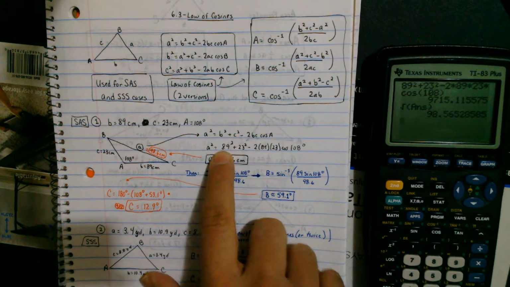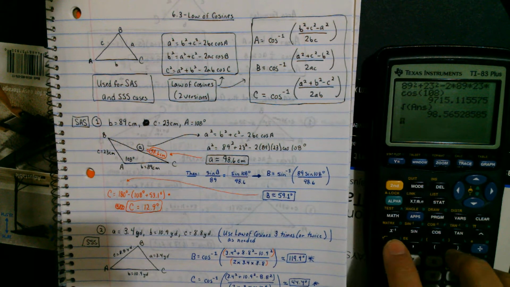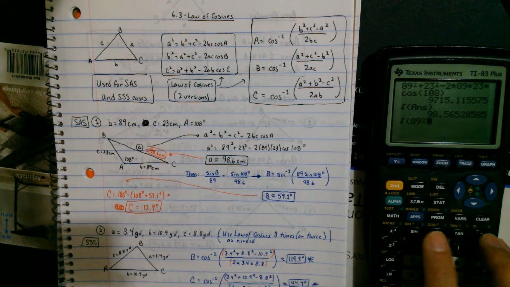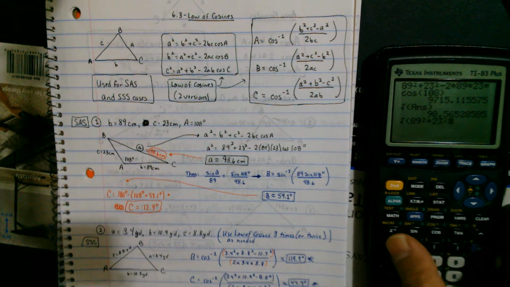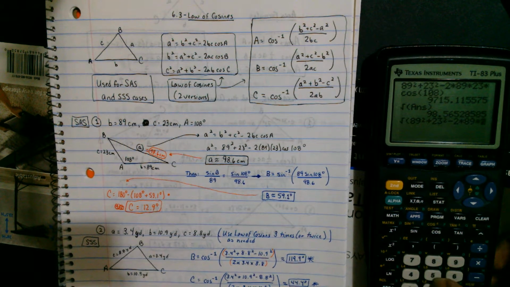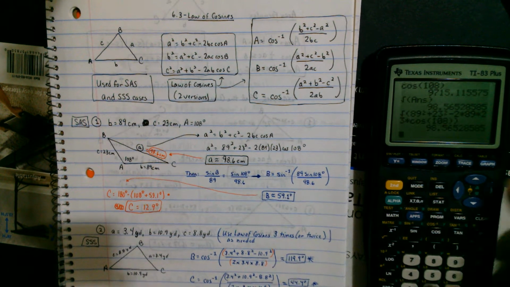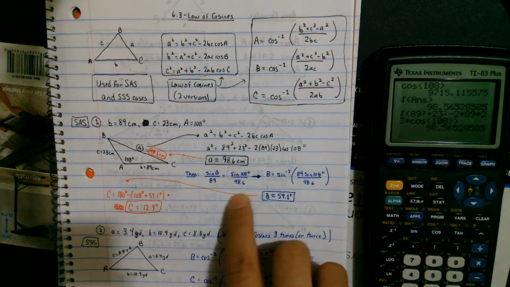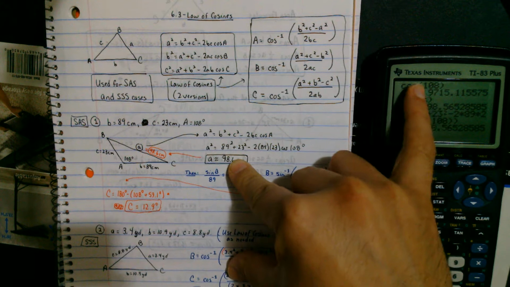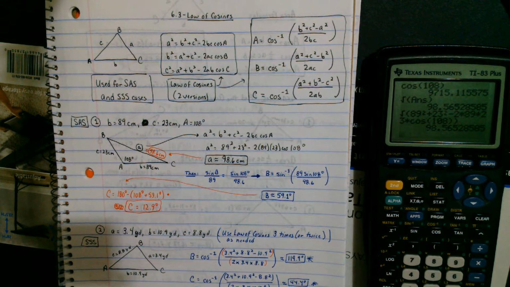Or, because A is the square root of all this mess, you can very simply just say square root of 89 squared plus 23 squared minus 2 times 89 times 23 times cosine of 108, close out parentheses, close the square parentheses, and you get 98.6. So whether you just take the square root of everything, or do everything first and take the square root of the answer, either way, you get the answer to be 98.6.